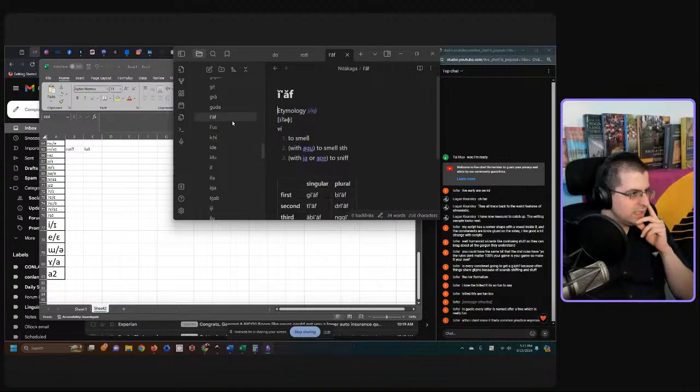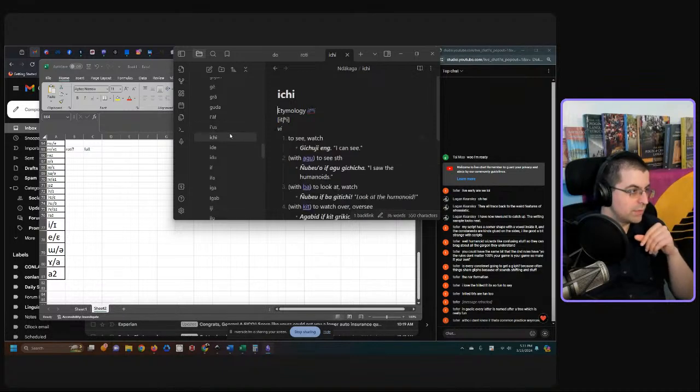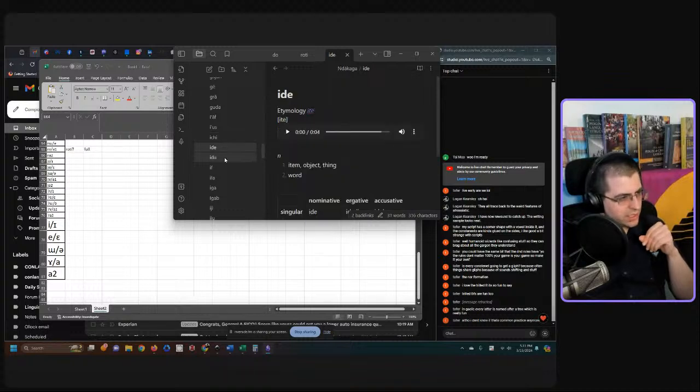So we've got ef, to smell, eus, limb, arm, leg. That's a possibility. Ichi, to see or watch. Ide is just like an item, object, or thing, or a word. I don't know what that meant originally. That could mean something specific originally that would be useful.